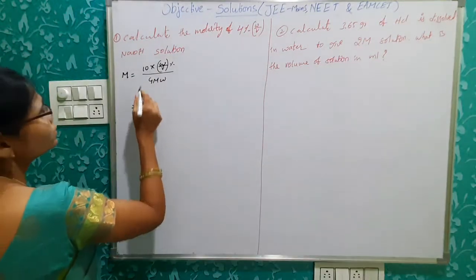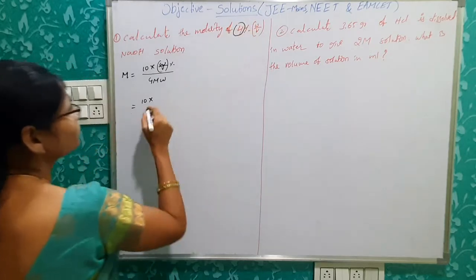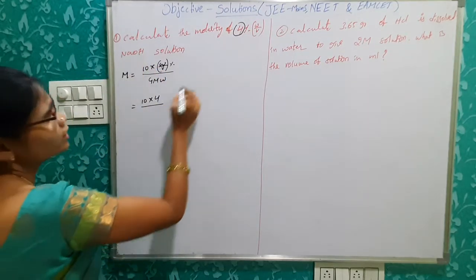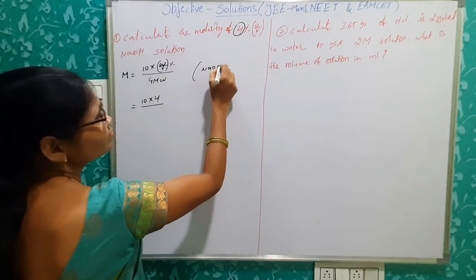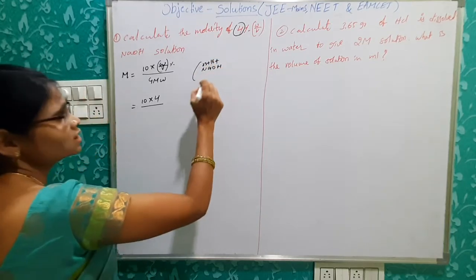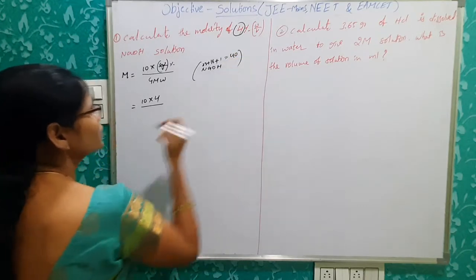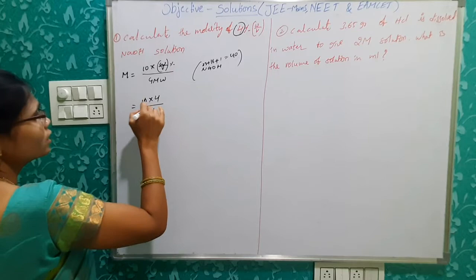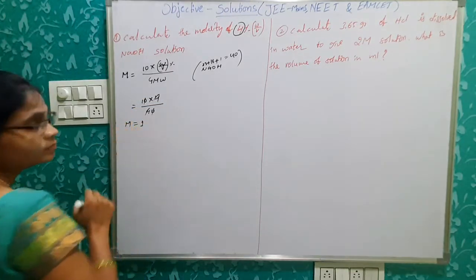So 10 into 4 by the molecular weight of NaOH. For sodium 23 grams, plus 16 grams for oxygen, plus 1 gram for hydrogen, total 40. The zeros cancel, 4 and 4 cancel, so the answer is 1 M.